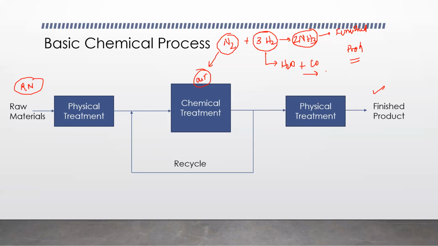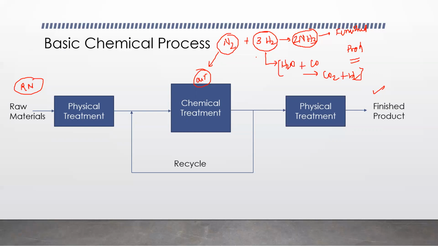It's a very common reaction. Water plus carbon monoxide gives you carbon dioxide plus hydrogen. This is a very important reaction, again taught in the 11th or 12th standard. So we can get hydrogen using this particular reaction, or there are many other reactions in which we get hydrogen.